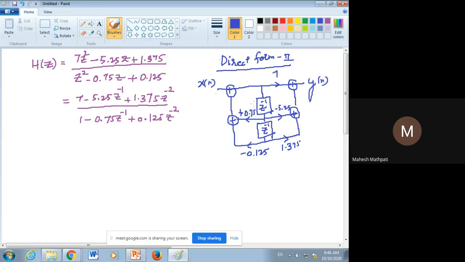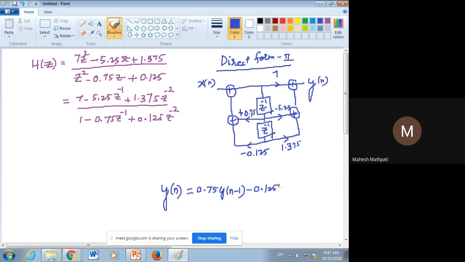So y of n is equal to, first term 0.75 multiplied with y of n minus 1, because the output is passing through the first delay element. Then minus, what will I get?